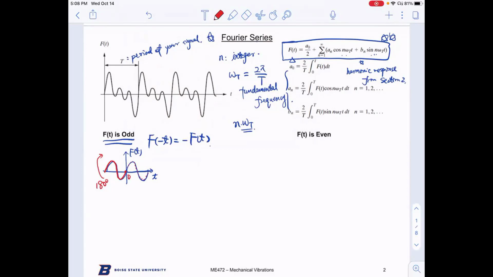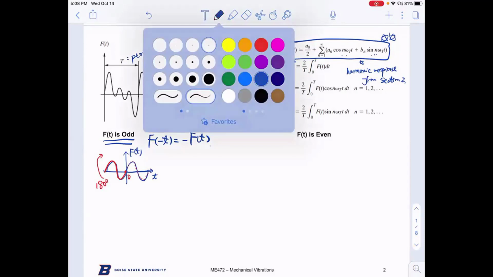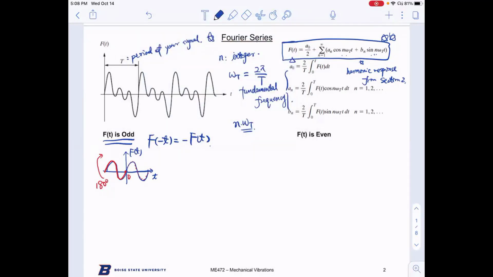That's the concept of an odd function. So if your function is odd, each component in the function should also be an odd function. In other words, you shouldn't have any cosine functions. So the cosine functions in the Fourier series should disappear.